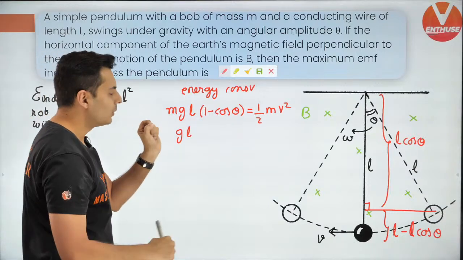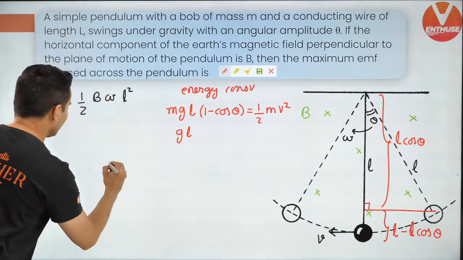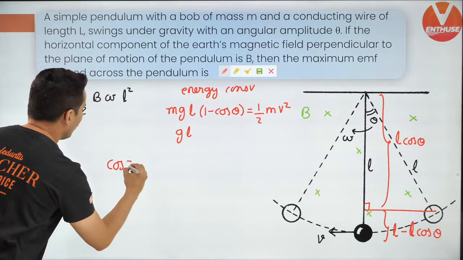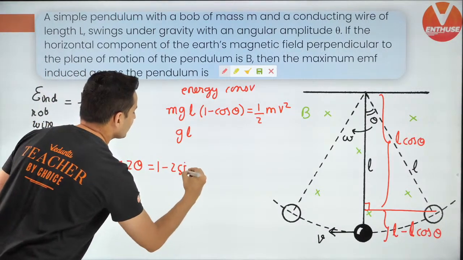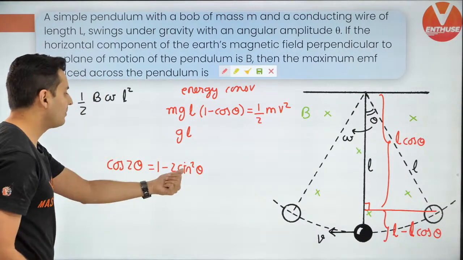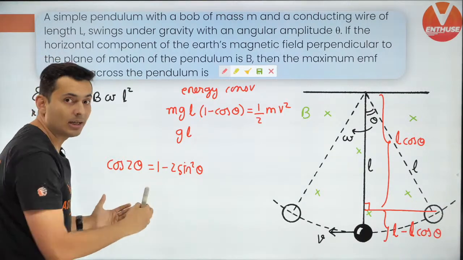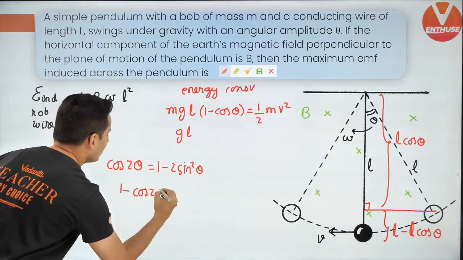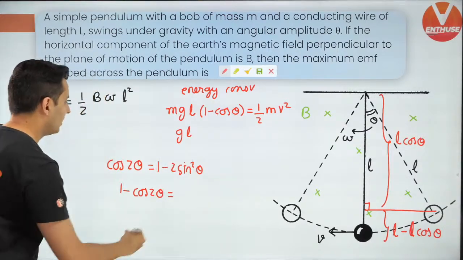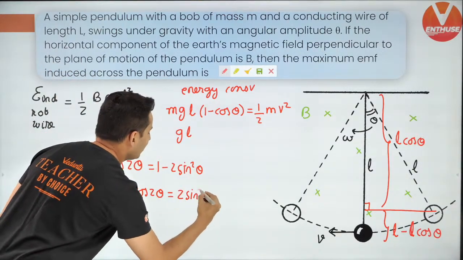Now here is the thing. What we can do, we can make use of a very interesting trigo formula, and that is cos 2 theta is 1 minus 2 sine square theta. This is a very important formula. So, double angle formula. Rearranging it, you will get 1 minus cos 2 theta is nothing but 2 sine square theta.